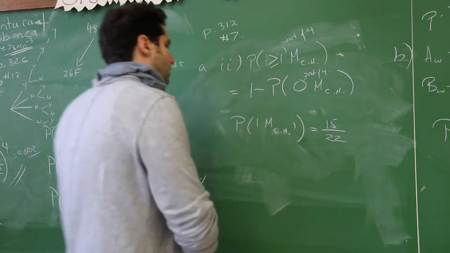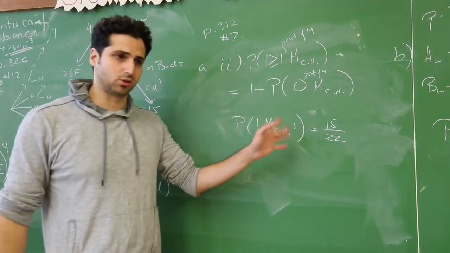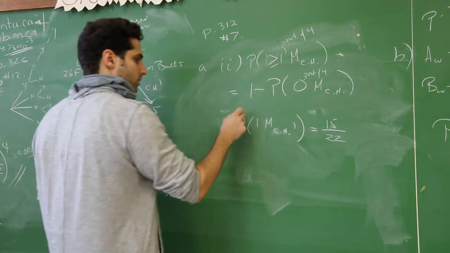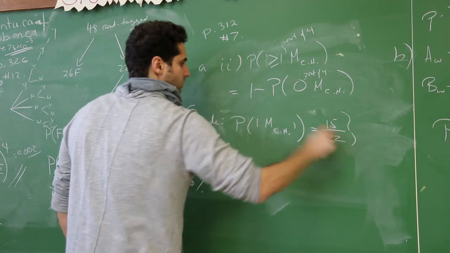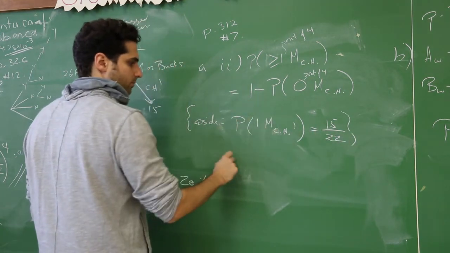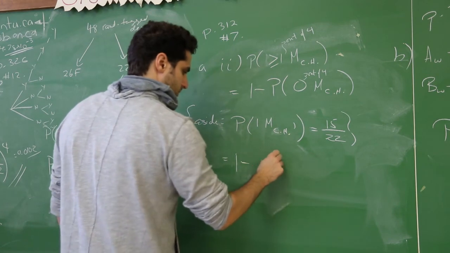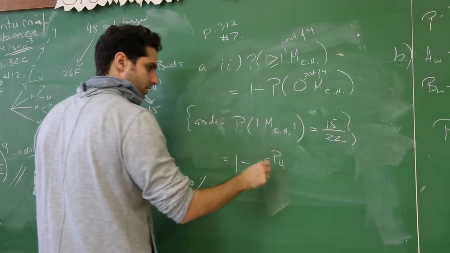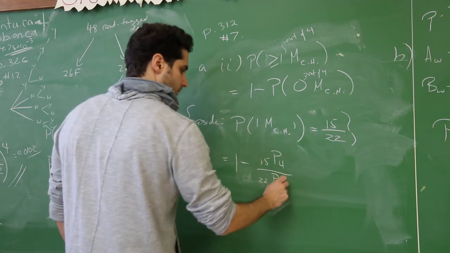Okay. And now, that means that one male is not crosshatched, right? So this is our little aside here. If we continue now with that, we're going to have 1 minus 15, pick 4, order counts, over 22, pick 4.